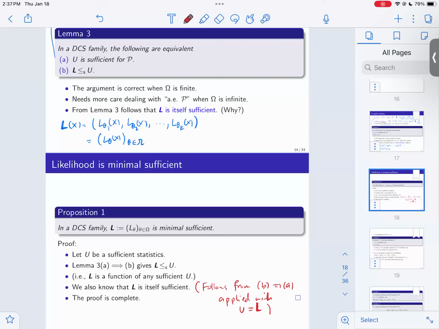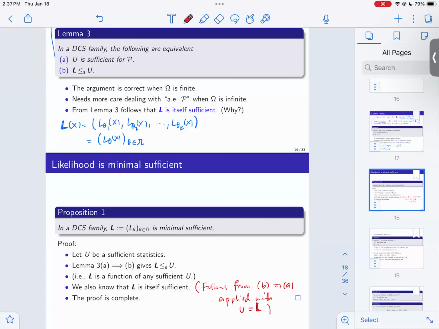But this argument also works if this is a function. There's nothing about this being finite in the argument that I did. This would be a function itself, the entire vector function.